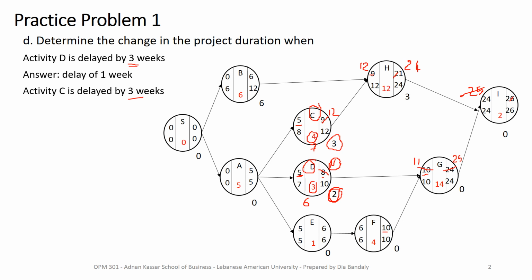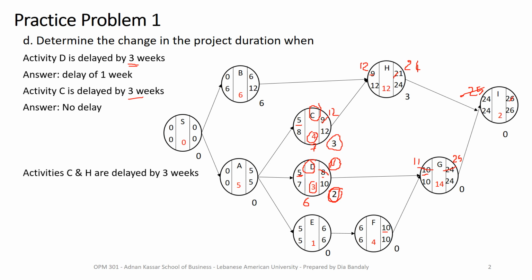Where were we? Here, yes, so 24, which means that activity I can still start by week 24, which means there is no delay at all, right? As we expected by simply comparing the delay with the slack time. So that's our answer here.